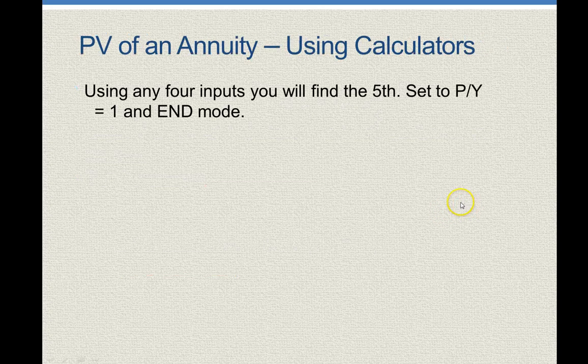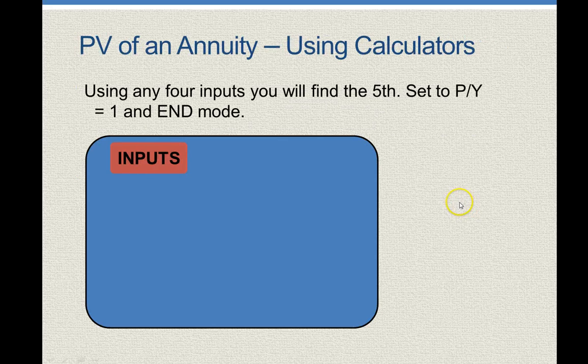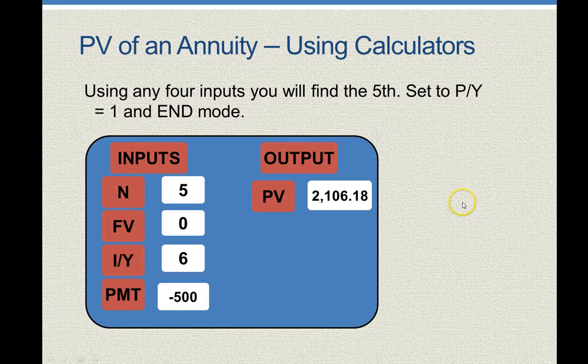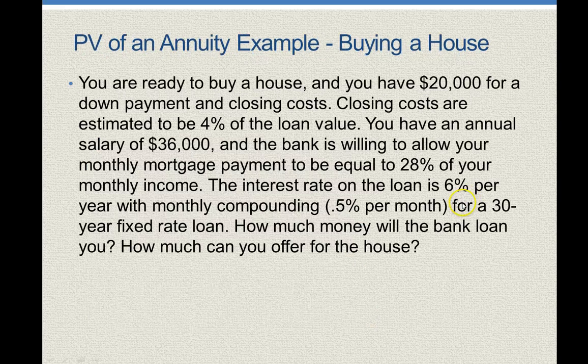So now let's talk about a more realistic example. This is buying a house. When you buy a house, normally you don't pay the price all in cash, because probably you don't have that much cash to pay the whole house price.